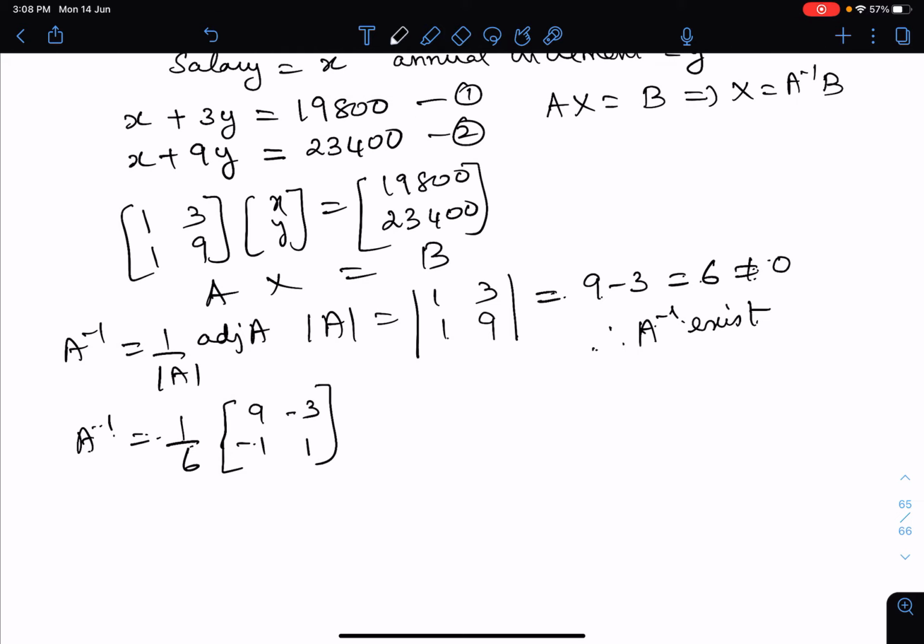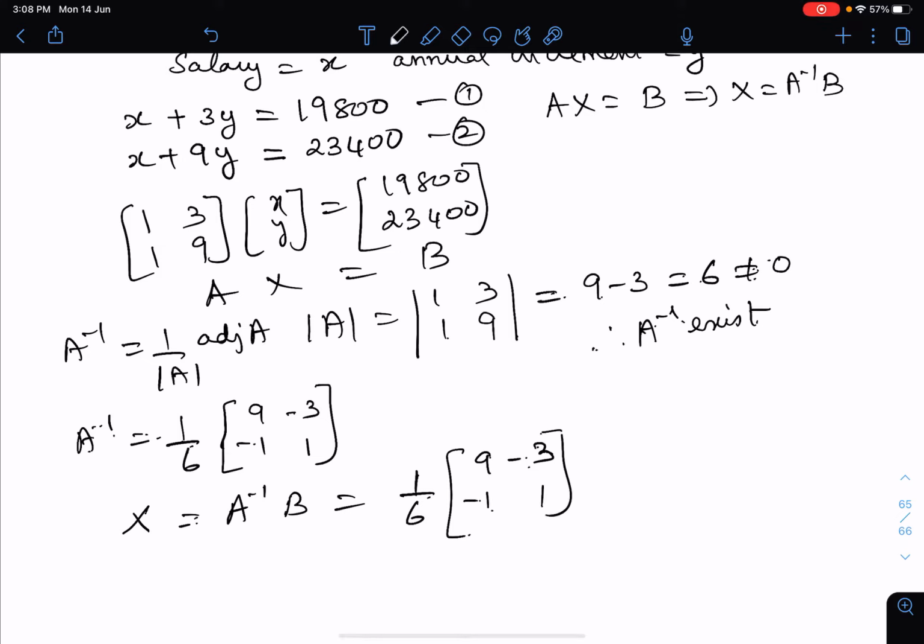Now you can substitute in our equations. X is equal to A inverse into B, that is equal to 1 by 6 into 9, minus 3, minus 1 and 1, and our B is going to be 19,800 and 23,400.